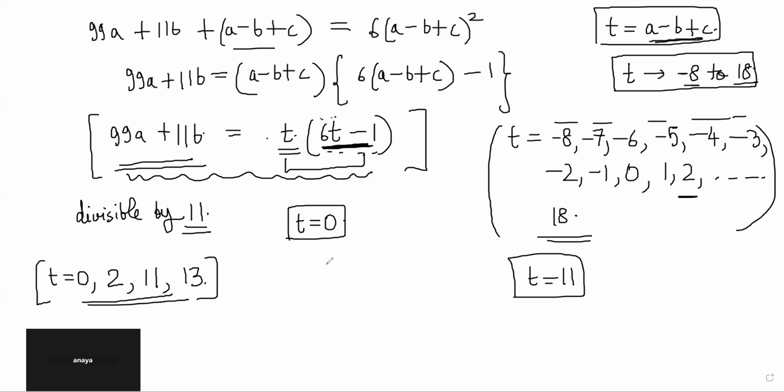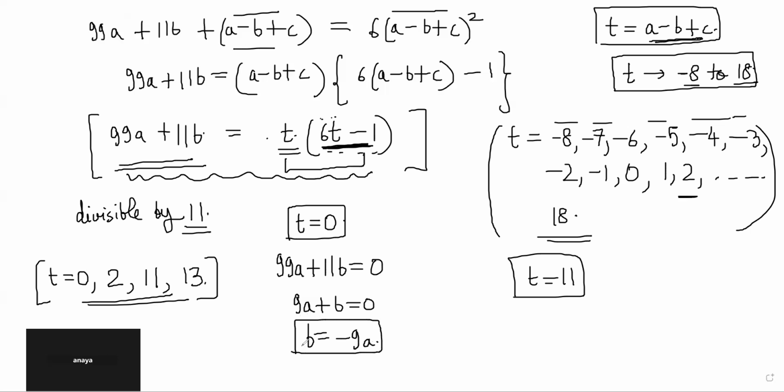Do you understand what I'm saying? What number are we getting when we take t equal to 0? In that case, this part is 0 and 0. So we'll get 99a plus 11b is equal to 0, correct? So basically you'll get 9a plus b is 0, so b is equal to minus 9a.